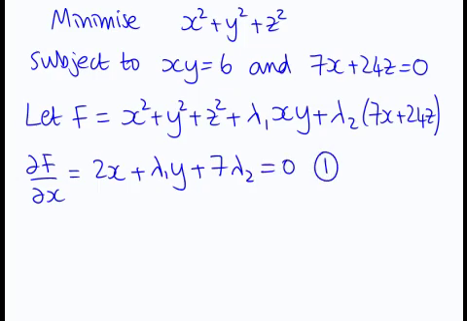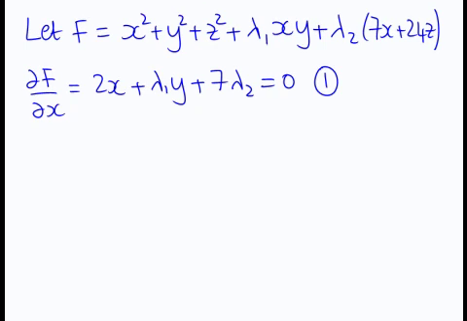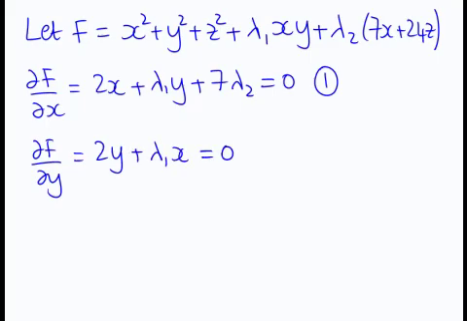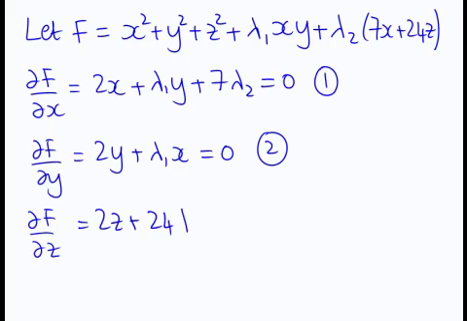So there's my first one, and I do the same with respect to y, so I get 2y plus lambda 1 x equals 0, and I do the same with respect to z: 2z plus 24 lambda 2 equals 0. And in fact I'll just divide through by 2 before I continue with that, just to make it slightly simpler.